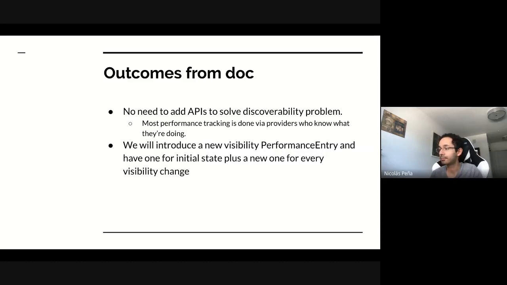And so the proposal is to add a new performance entry. And that way you can just use the performance observer with the buffered flag to get any previous visibility states. The only tricky thing is the very first one.